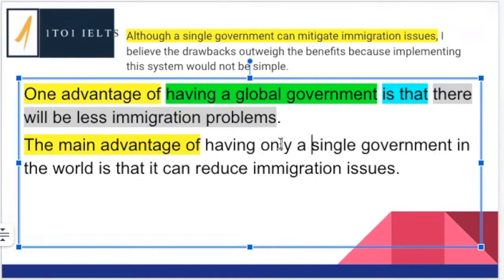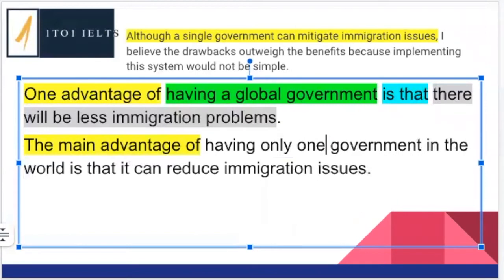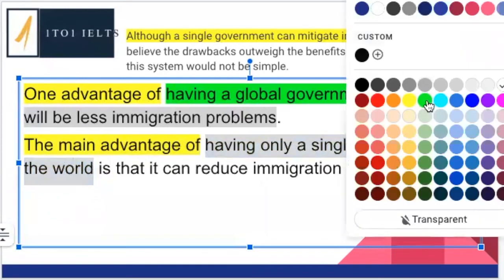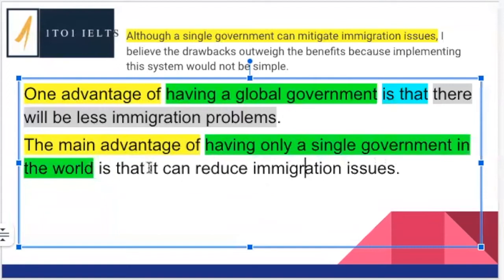So these are two options. You could have having only a single government or having only one. So both of these are okay. So having only a single government in the world is that. Okay, great. So very clear what our advantage of is that.